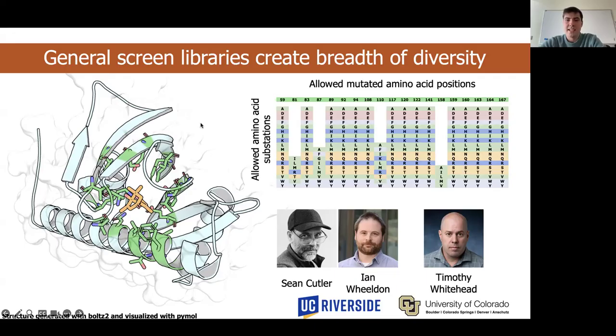And so in the design of this general screen library, this sequence profile was created. How to read this is every column is a different position, so it corresponds to a different residue here that's also highlighted in green. And then all these letters down here are the permitted amino acid substitutions that we allow for or design for in this general screen library.